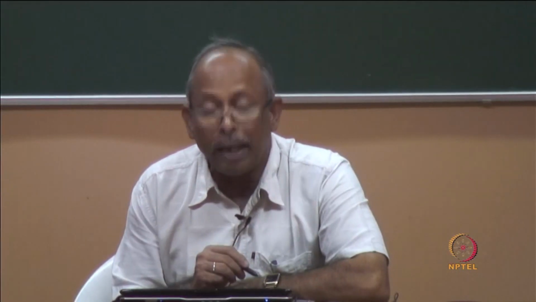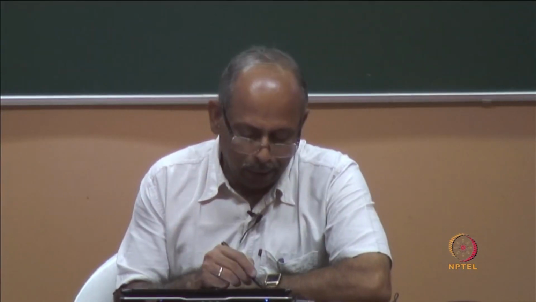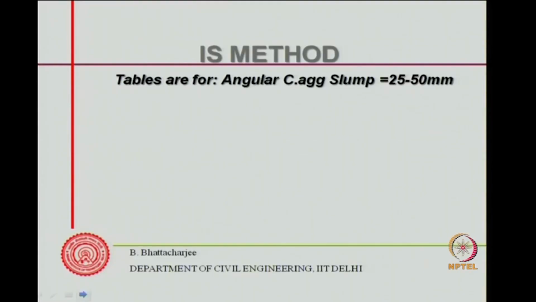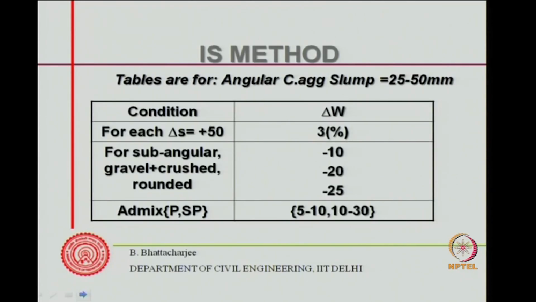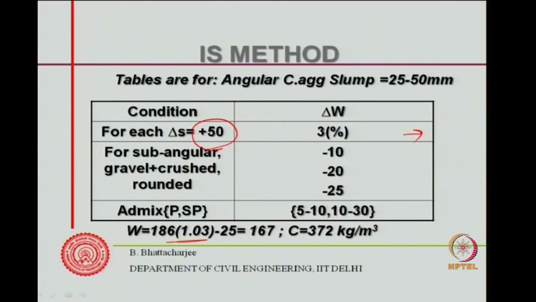So, I must apply some correction factors, because this table was for angular coarse aggregate and slump of 25 to 50. For each increase in slump of 50 millimeter or fraction thereof, I will increase the water content by 3%. So, I multiply 186 by 1.03.